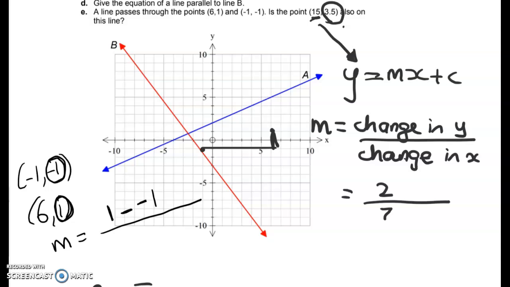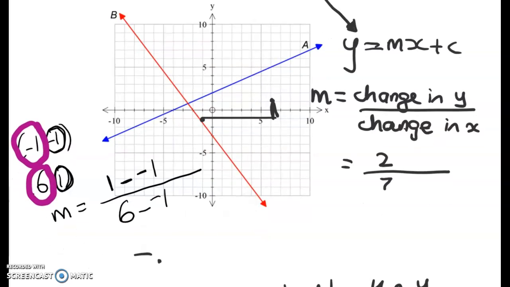And what was my change in x? Well, it was this value take away this value. 6 minus negative 1. And that's 2 over 7. Okay, so two ways to do that. But we're not finished yet because we haven't found the y-intercept. So we know that this line has got a gradient of 2/7.